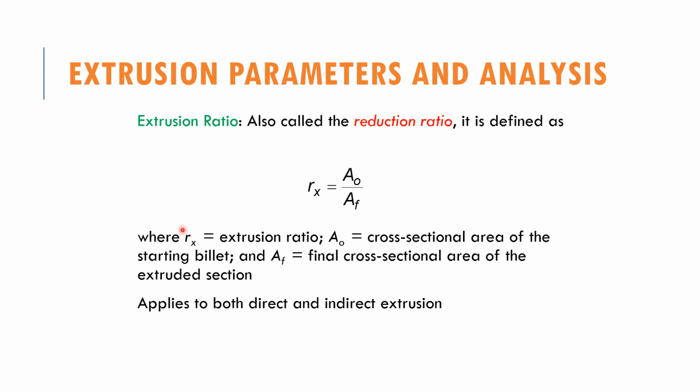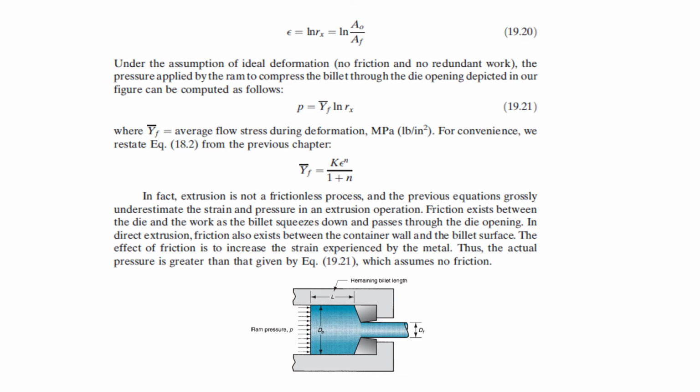So this one applies to both direct and indirect extrusion. So for the strain, it is calculated like the previous one also. So epsilon equal to ln Rx, where it is ln A naught over AF.